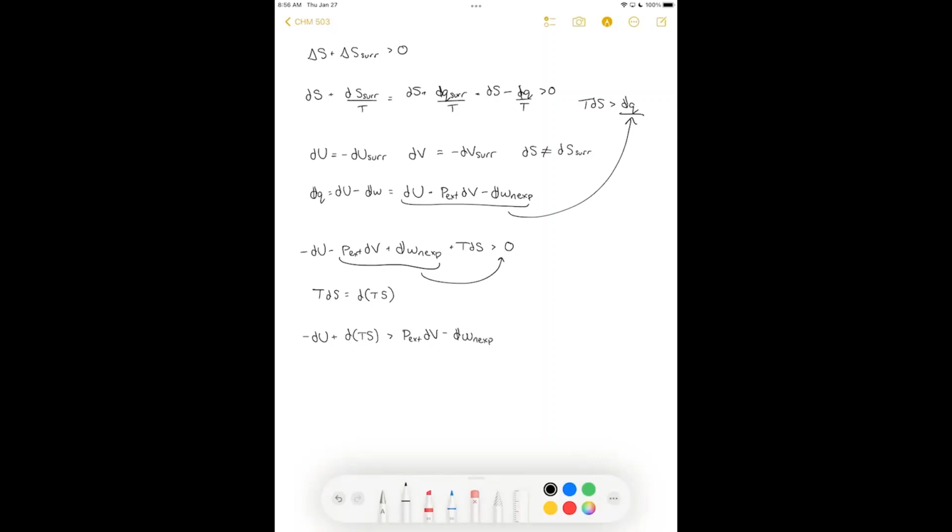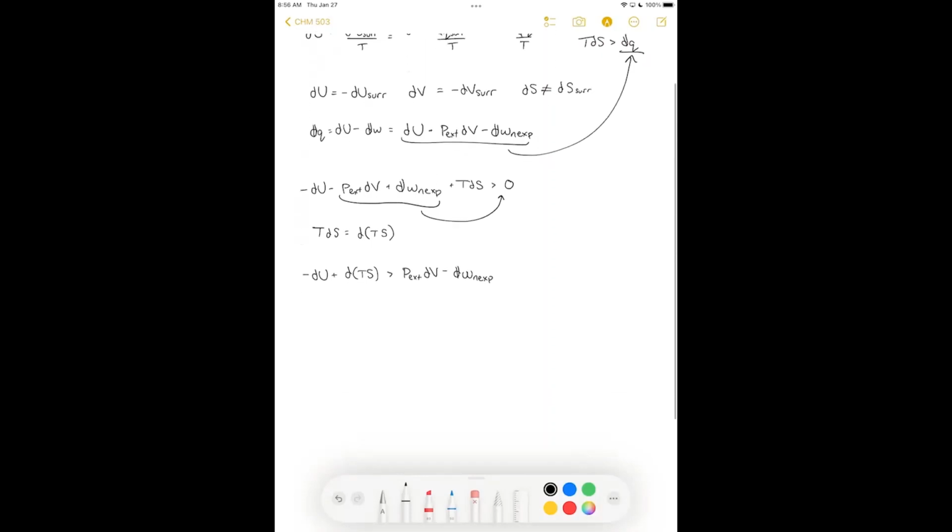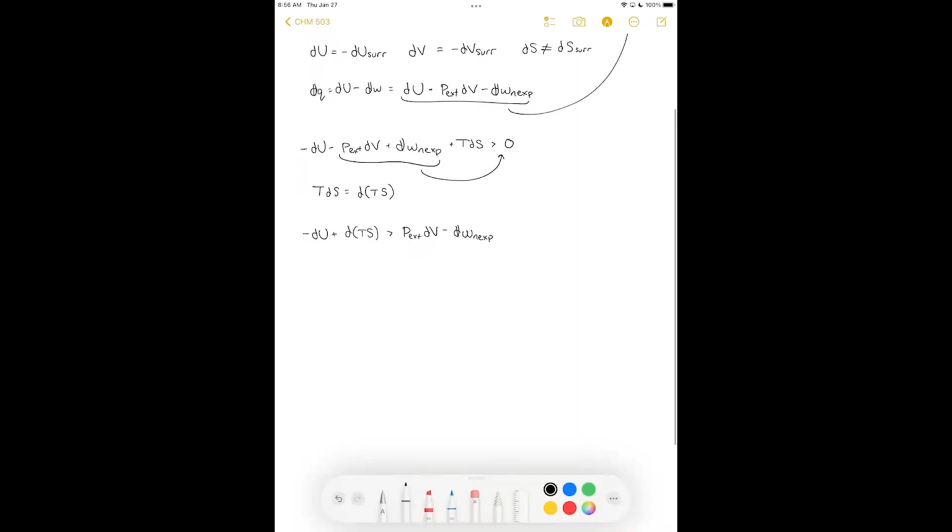Then we are going to divide by -1. You probably haven't done inequalities in a while, but if we divide by -1, we have to change the direction of the inequality. So if this inequality up here is true, then the following: dU minus dTS is less than negative P external dV plus the non-expansion work.